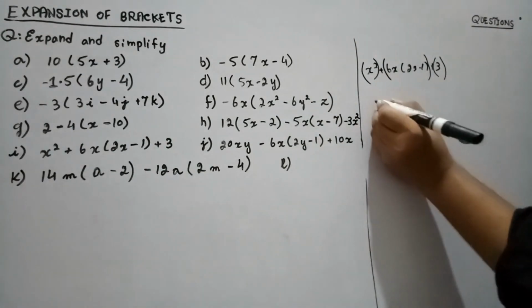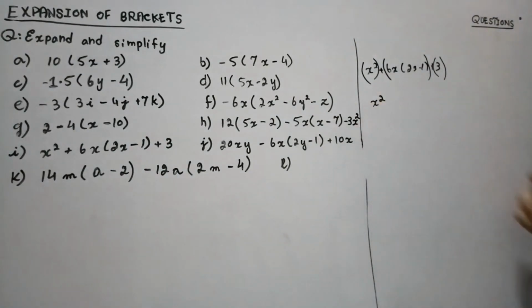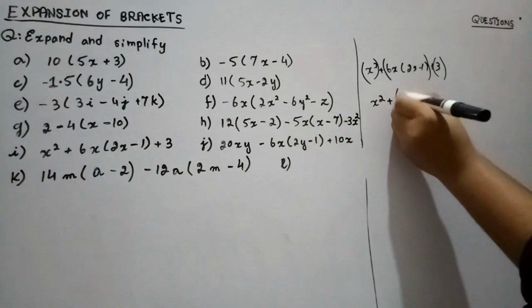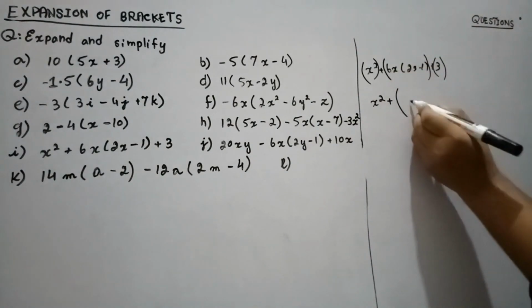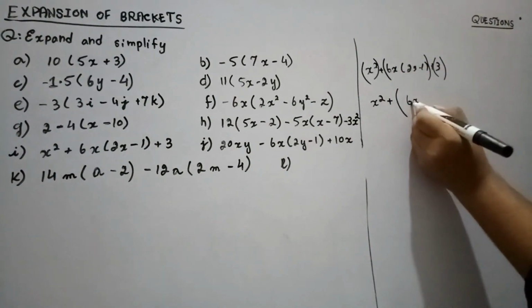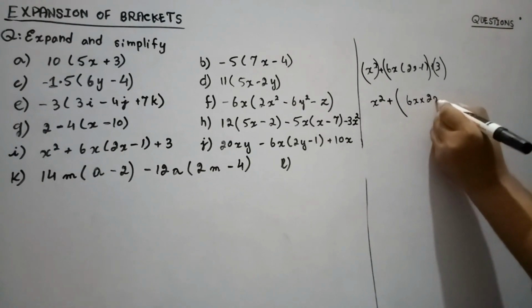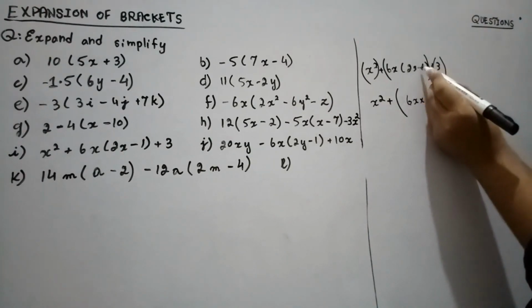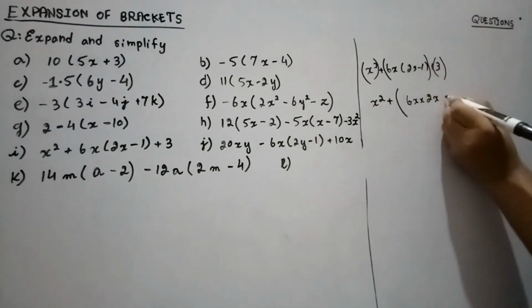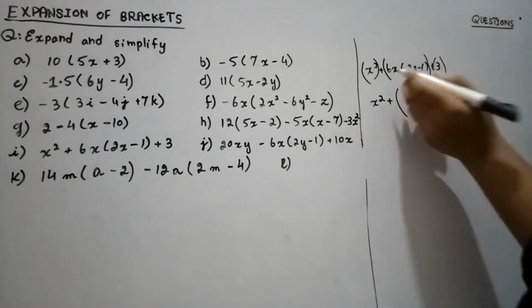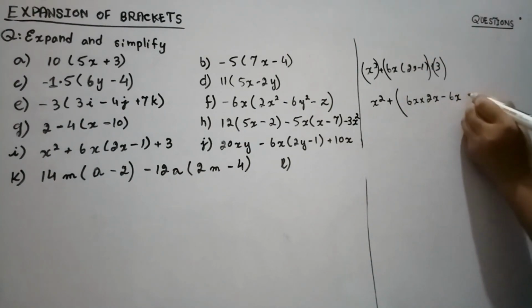Okay, so I write this x squared as it is, because here we don't have any brackets to solve. Now I write this positive sign as it is, and now if I just solve this bracket, it means that here 6x is going to multiply by 2x, and I write this negative sign as it is, and this 6x is again going to multiply by 1.